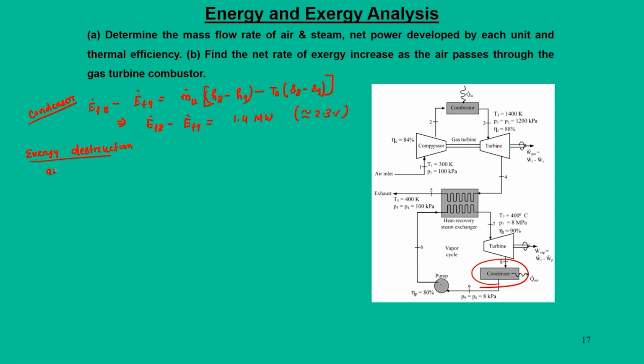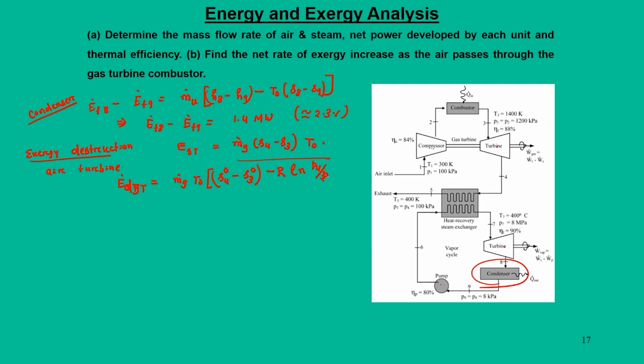For the gas turbine, the exergy destruction is m dot G T0 into S4 0 minus S3 0 minus R ln P4 by P3.